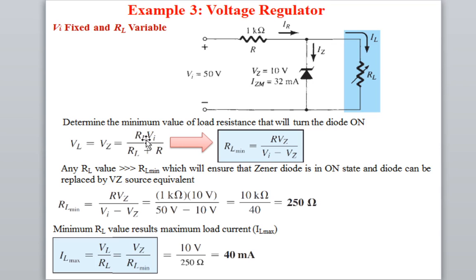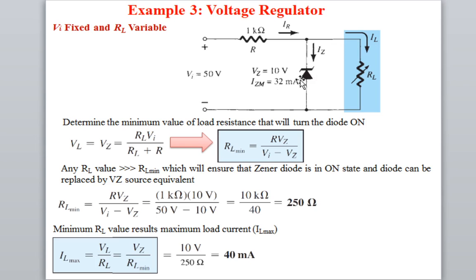So just solve these equations, because VL is not known, Vz is known. If you multiply, Vz into RL plus Vz into R is equal to RL into VI. In this way we can calculate the RL. So RL will be equal to R into Vz divided by Vi minus Vz. This is the minimum value of load resistance which will be required to keep this Zener diode in conducting state.